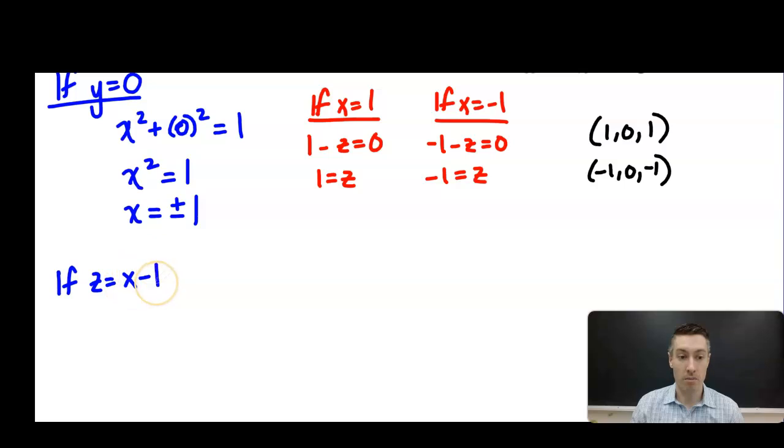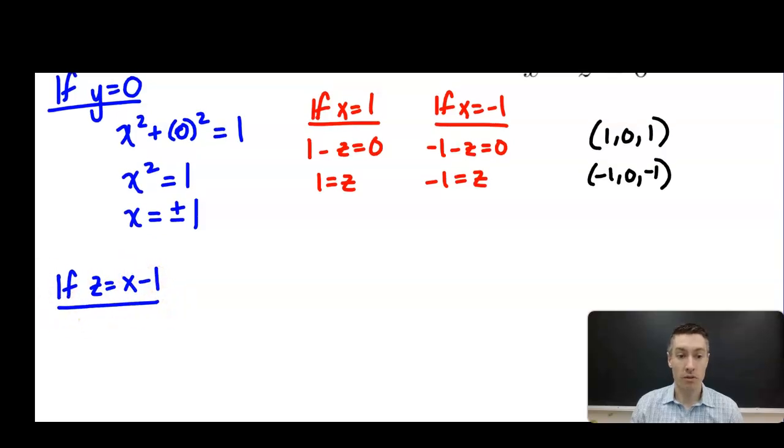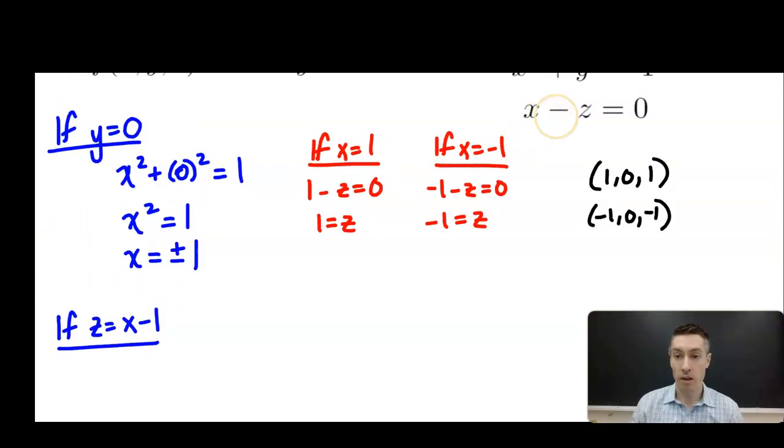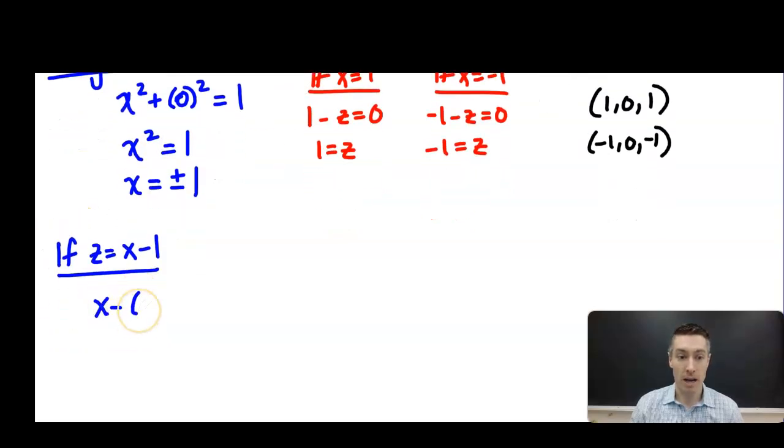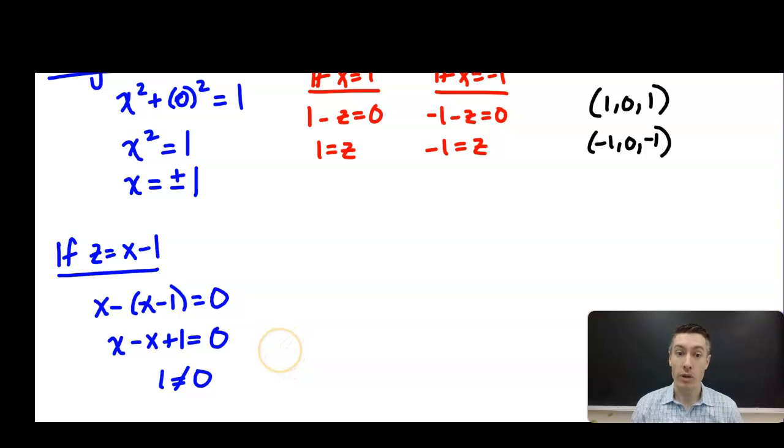z equals x minus 1. So if z equals x minus 1, we're going into the constraint curve, so I'm going to pick the one that has x and z in it. So that means that x minus x plus 1 equals 0, 1 equals 0, which is not true, which means there are no points on the constraint curve x minus z equals 0 where z could be equal to x minus 1.